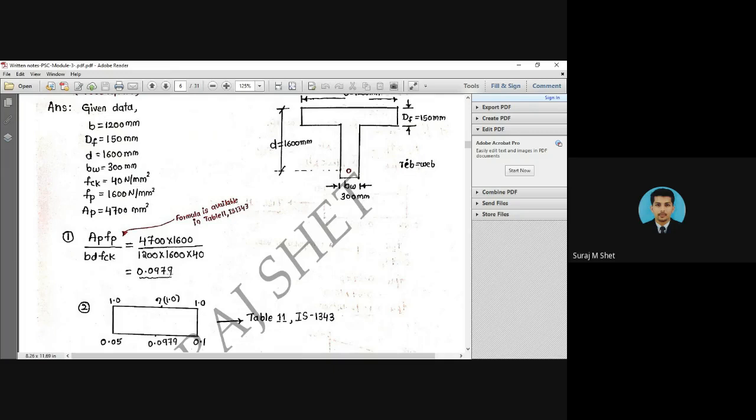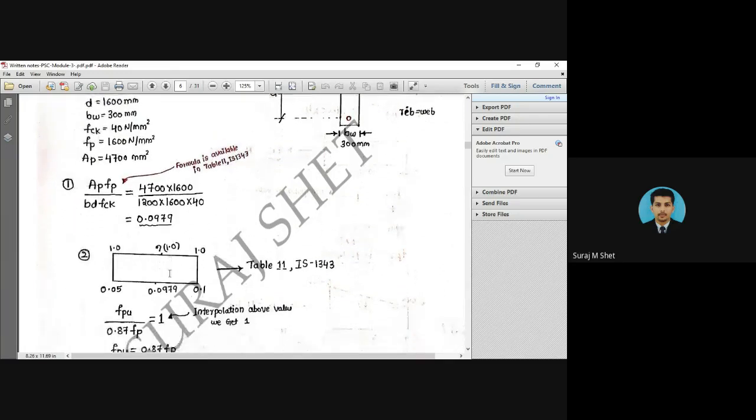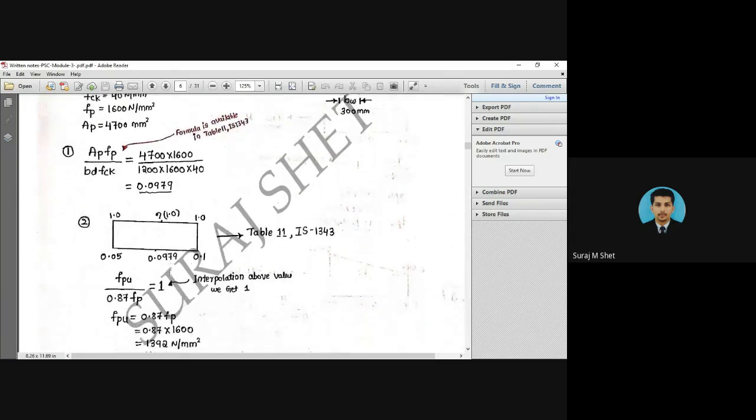This is the ratio I got from this expression. The second step is you have to refer to table number 11 in the IS code book. My value lies between 0.1 and 0.05.